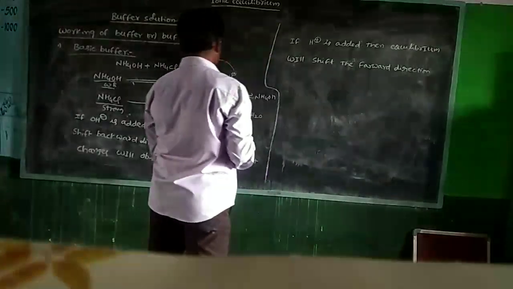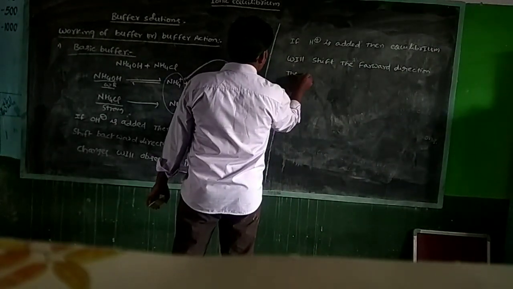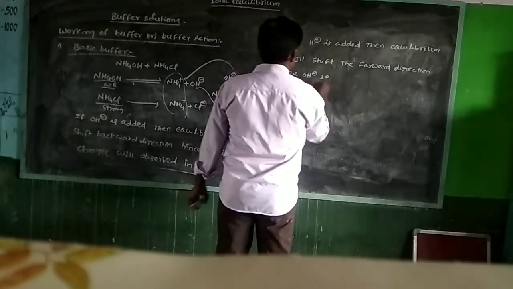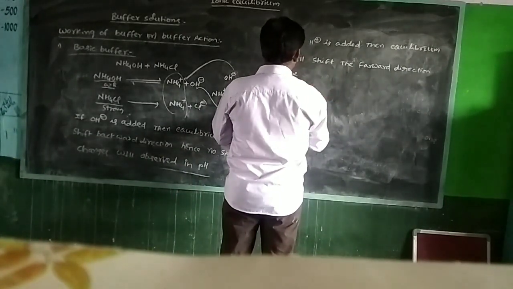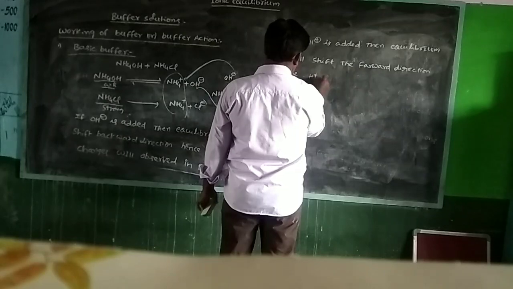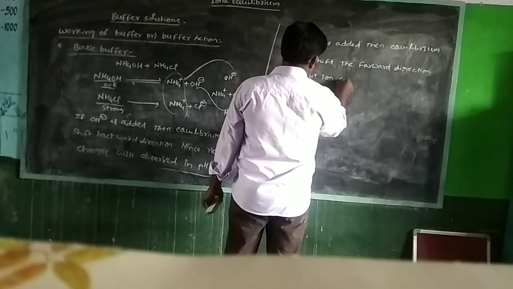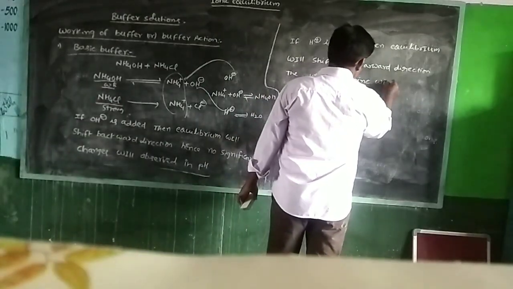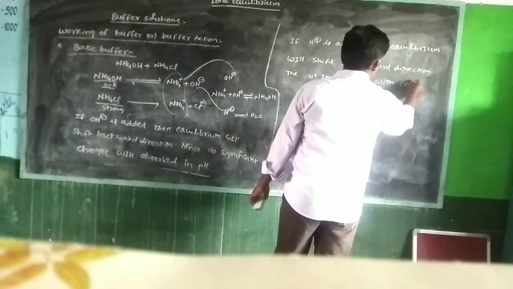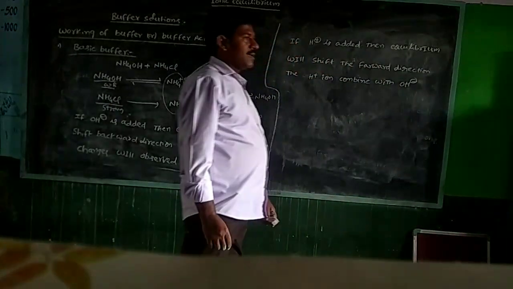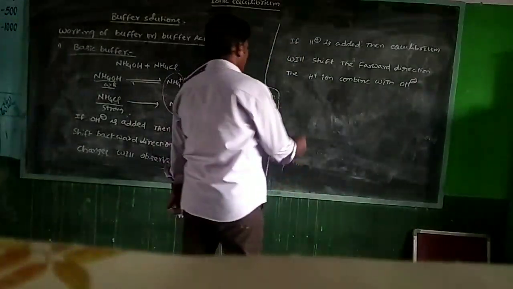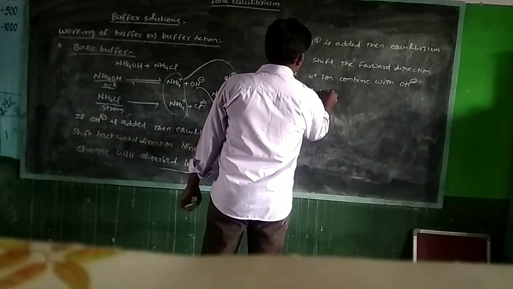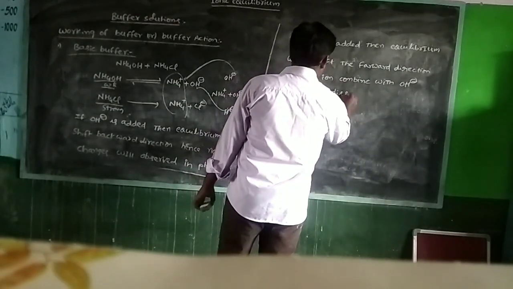The H plus ions combine with OH minus ion to give the undissociated water molecule.